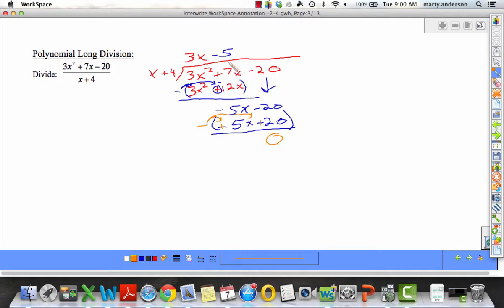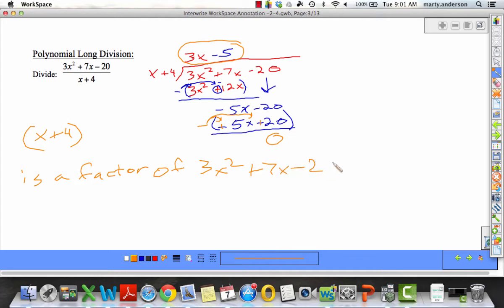When I get the remainder of 0, I know that the answer to this problem is 3x minus 5. This also means that x plus 4 is a factor of 3x squared plus 7x minus 20. So because it divided it and got a remainder of 0, I know that this is a factor of it.